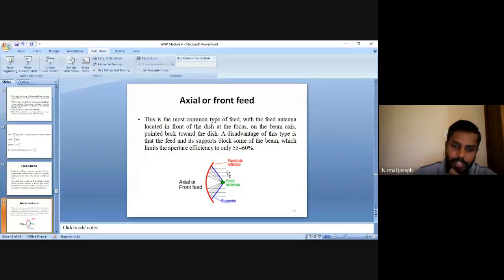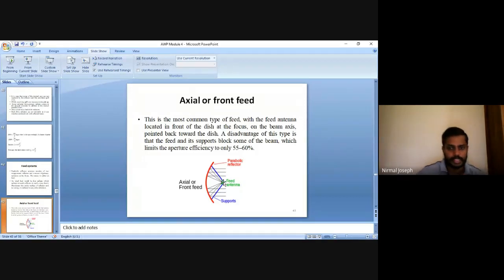by the parabolic reflector. So what is the problem here that can happen? Here the supports are there in blue color, and the feed antenna is also there in green color. All these are in front of the reflector. So while the waves are getting reflected from the reflector, these are obstacles for them. This support system and feed antenna will block some of the signals, so that limits the aperture efficiency to only 55 to 60%.